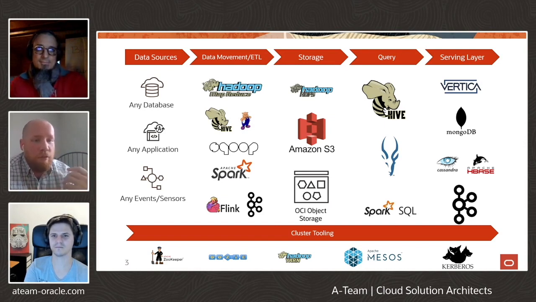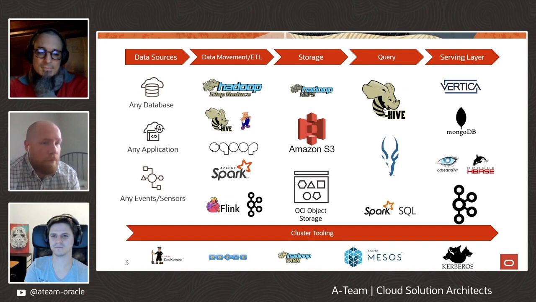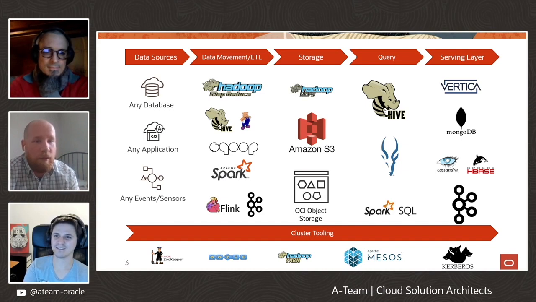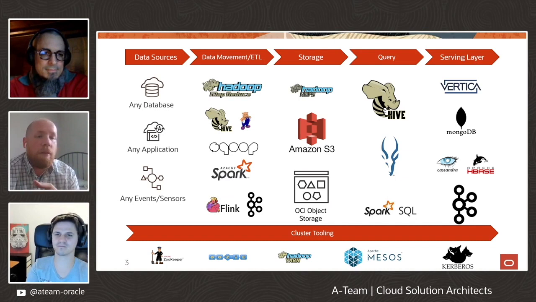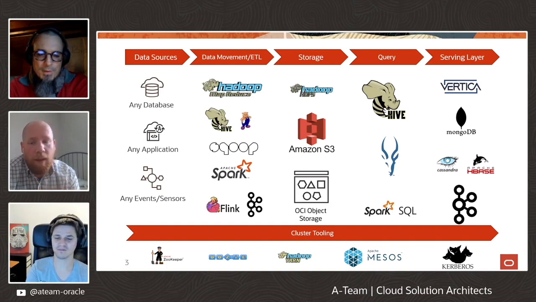But then these new technologies came out to make things faster, and what did they want? They wanted blocks of RAM. So now all the memory across the entire cluster is being consolidated and leveraged by something like Spark, for example. And so it became a very important part of a Hadoop cluster to configure and set up your resource management. And then I guess the last thing is security.